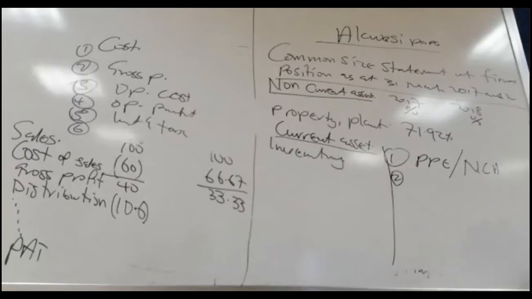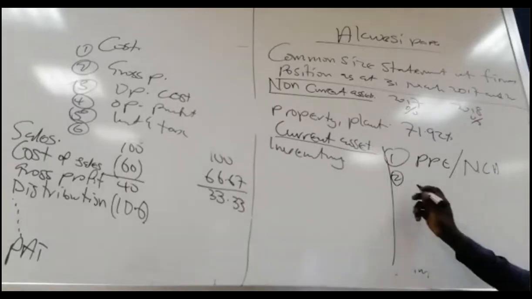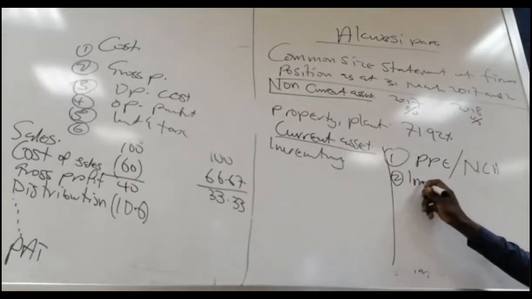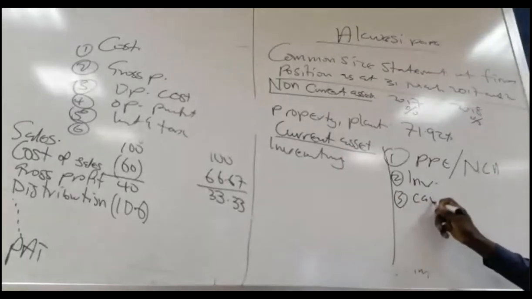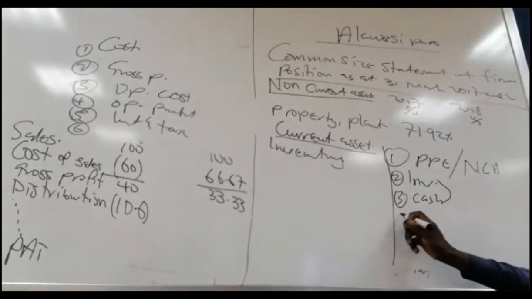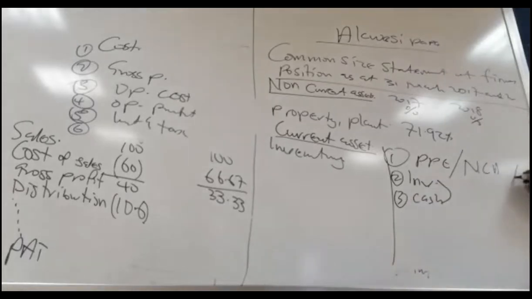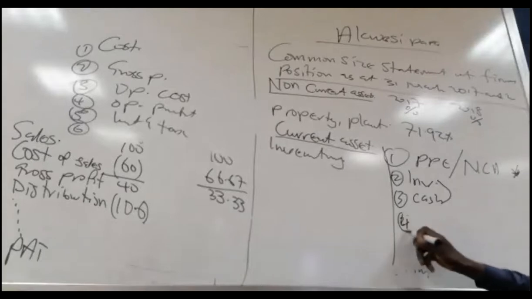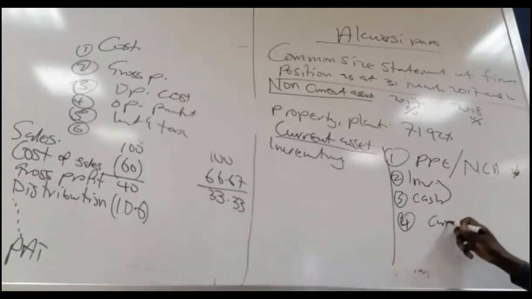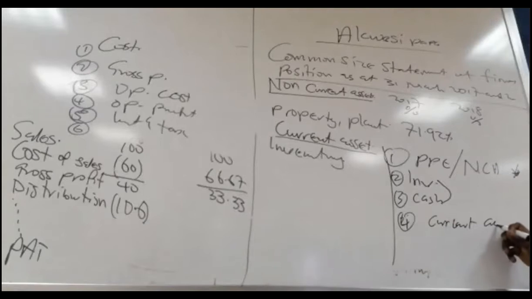Then three, you talk about inventory and cash, just one. Then number four, current asset, the must.